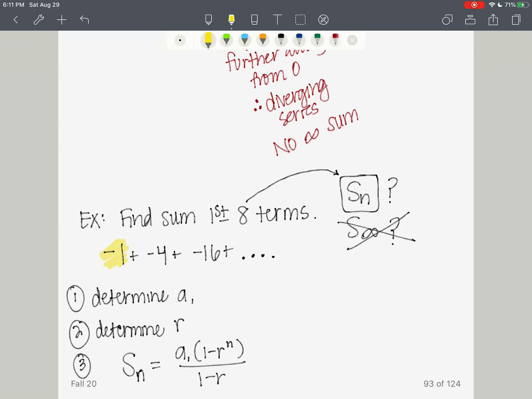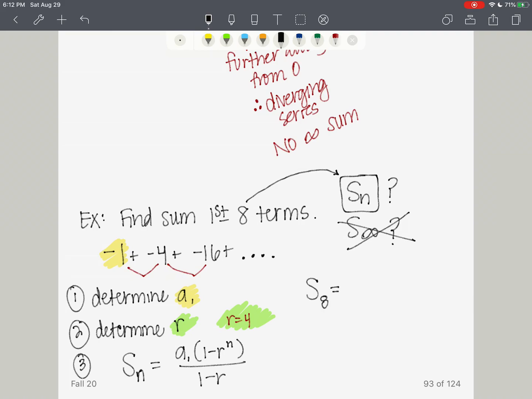So a sub 1 is -1. R is -4 divided by -1, which is +4. -16 divided by -4 is still +4, so r is equal to 4. So I think that we can plug in our values now.